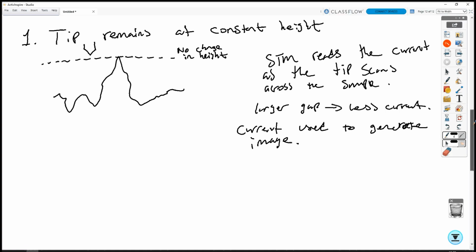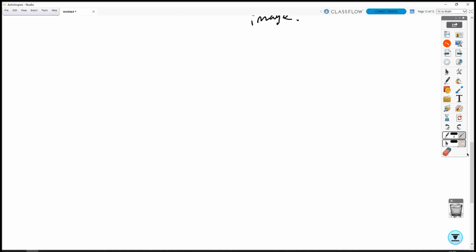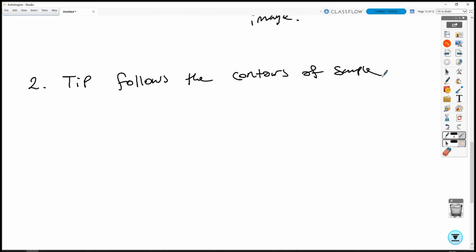Second mode of operation, the tip is allowed to change heights. So the tip follows the contours of the sample to maintain a constant current.